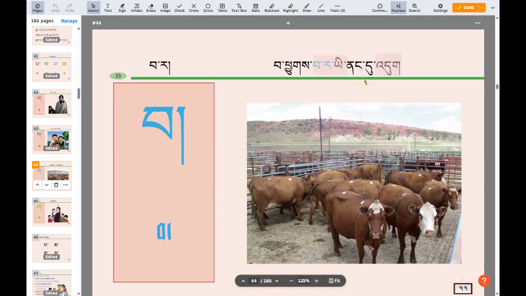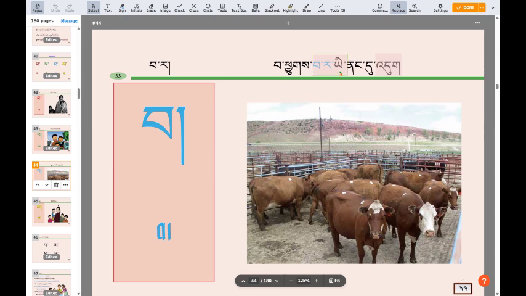Yi, so of. Nangdu, within, like the fish in the other slide. Duk, are. So it's present information, you know they are in a place. Okay, so the cows are in the cowshed.